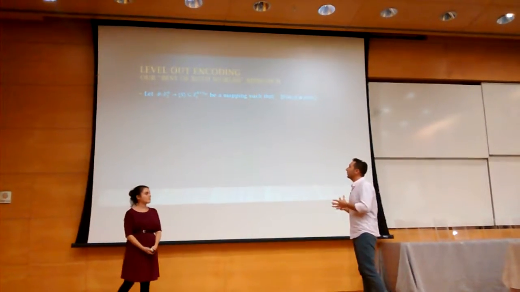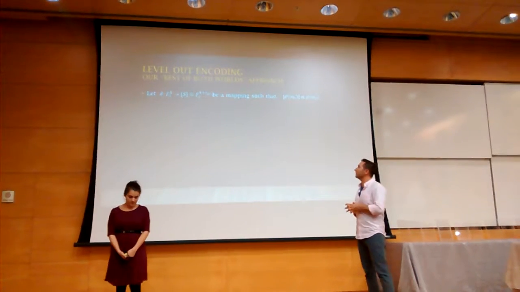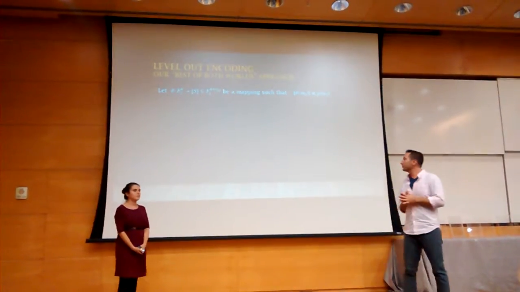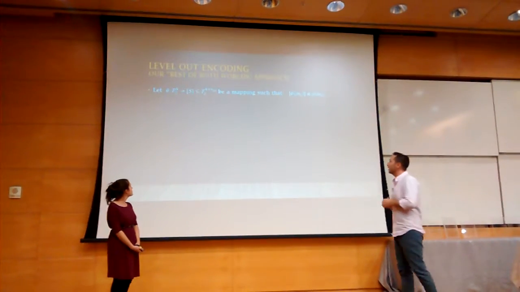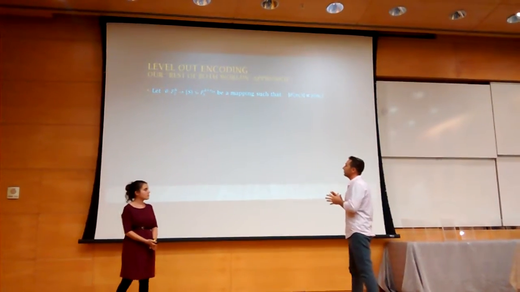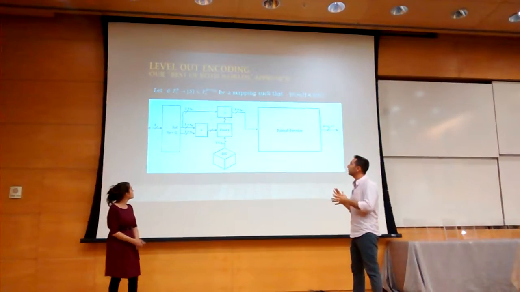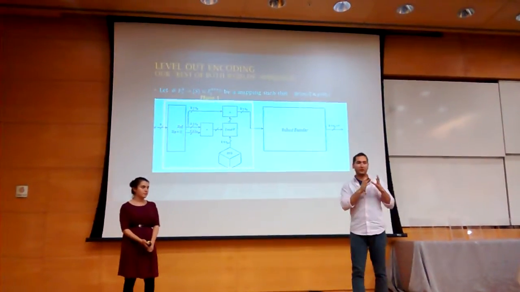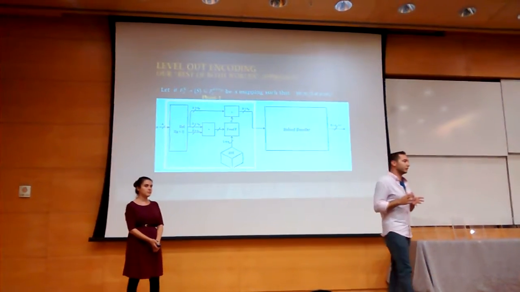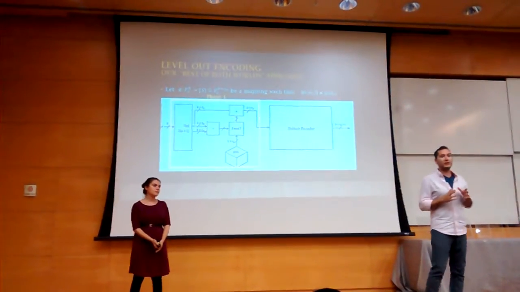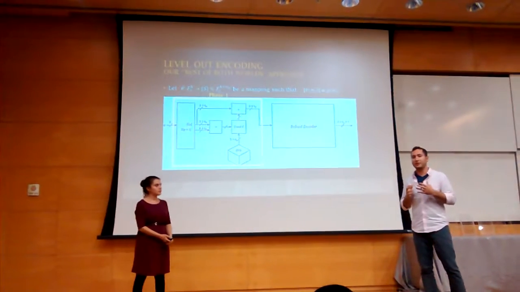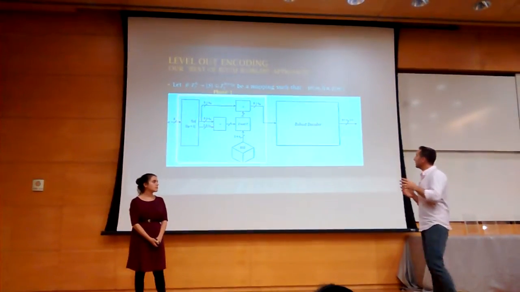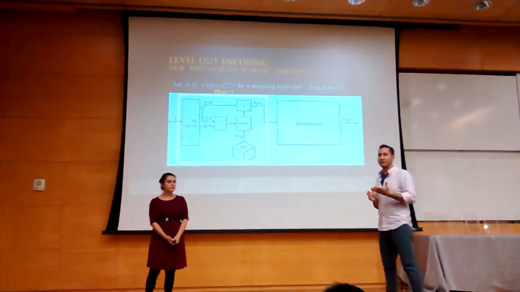We tried to combine both, and we developed a new type of encoding called level out encoding, where basically we took the randomness effect and added it to the first stage, and we split the encoding process into two. We created a mapping of symbols into a larger field of information words in such a way that the number of words that correspond to a single symbol is directly proportional to the probability of the symbol.